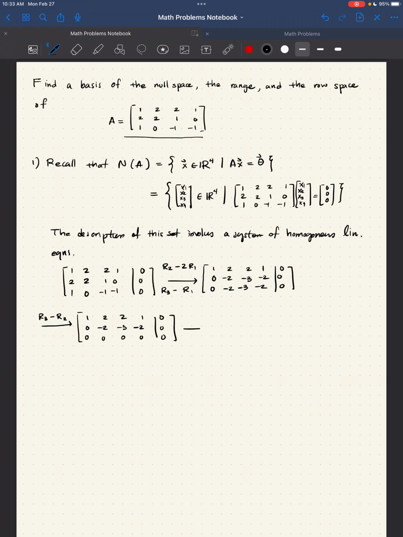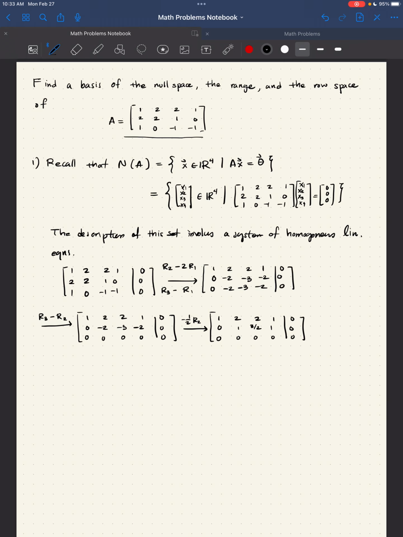Then from here, I multiply the second row by negative 1/2 to obtain a pivot. So I have 1, 2, 2, 1, 0, 0, 1, 3/2, 1, 0, 0, 0, 0, 0, 0. So I'm showing the whole process.